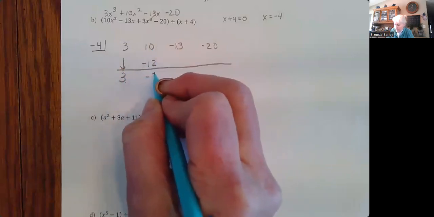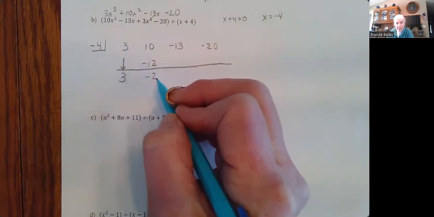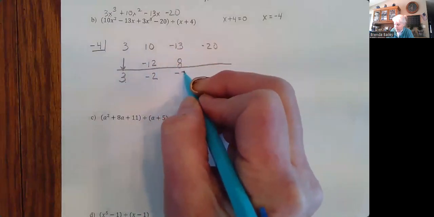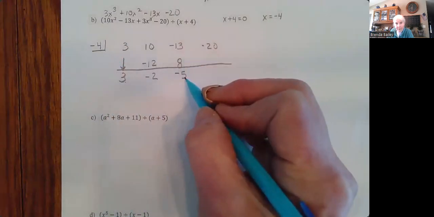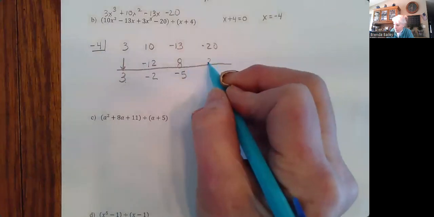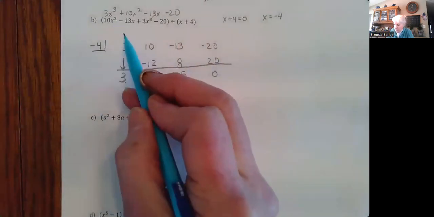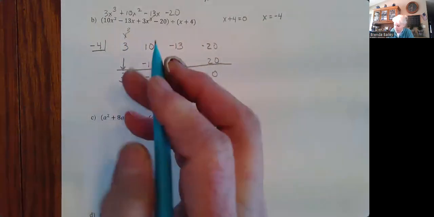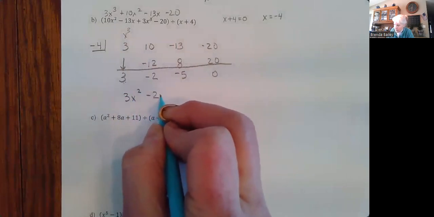Negative 2. When you add them, then you take negative 4 times a negative 2, you get a positive 8. Add them. Then you take a negative 4 times a negative 5, and you get a positive 20. And then you get 0. Now, this first one was an x cubed, which means this is an x squared. It's always 1 less x power. So 3x squared minus 2x minus 5.